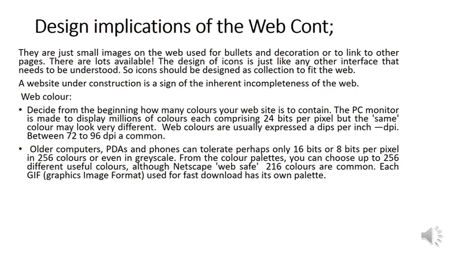A website under construction is a sign of the inherent incompleteness of web color. Decide from the beginning how many colors your website is to contain. The PC monitor is made to display millions of colors, each comprising 24 bits per pixel, but the same color may look very different.